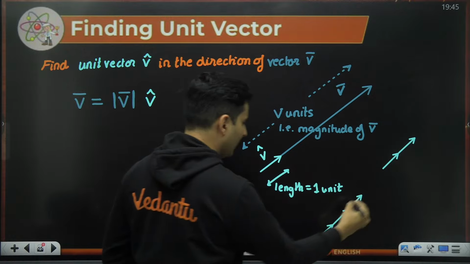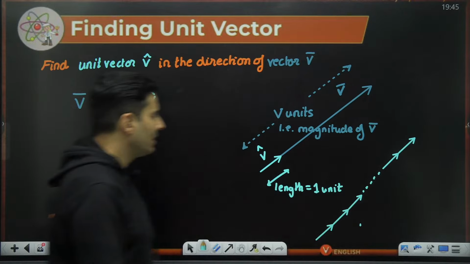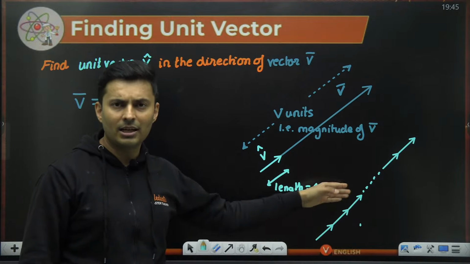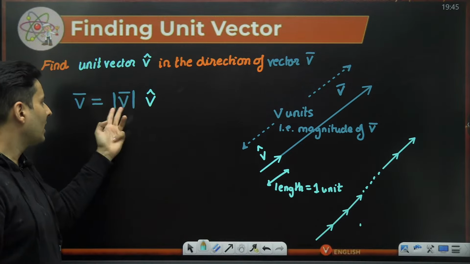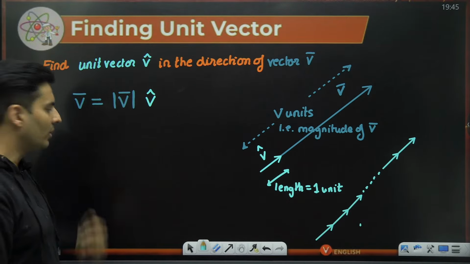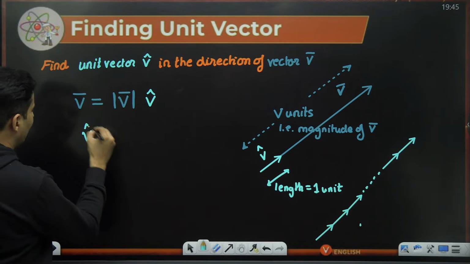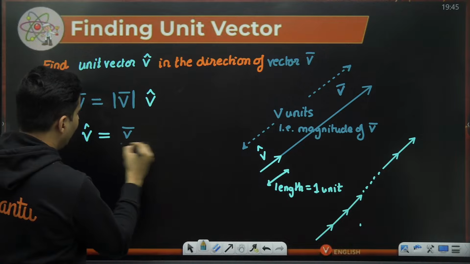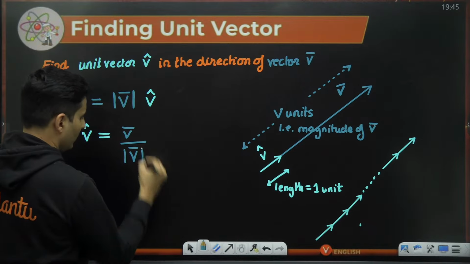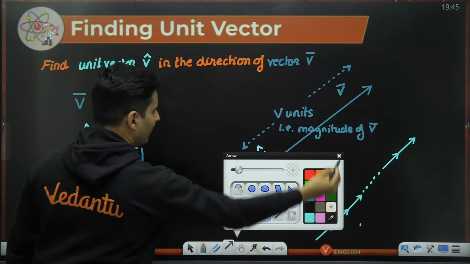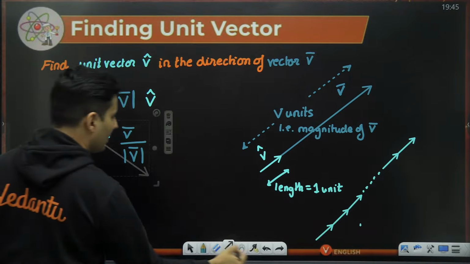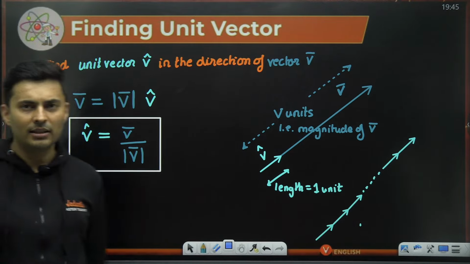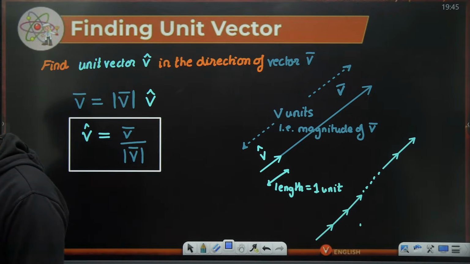It is 7 magnitude, put it 7 times. It is 8 magnitude, put it 8 times. So 8 times of that unit vector will give me the original vector. So v hat is technically the vector itself divided by its magnitude. So that's how you can find it out. This is also a very important formula. V hat is vector v divided by the magnitude of the vector itself.